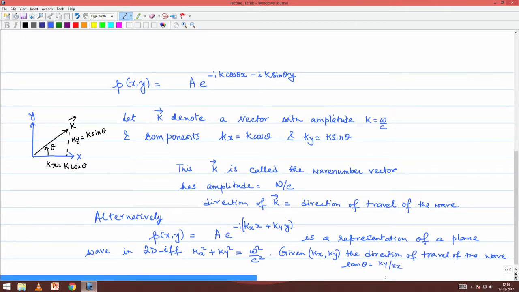Just from this diagram, you see that the direction of the wave number vector is equal to the direction of travel of the wave, and the direction of any vector can be determined using this sort of formula, tan theta is equal to y component by x component.